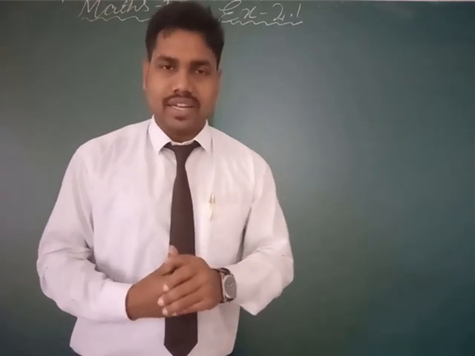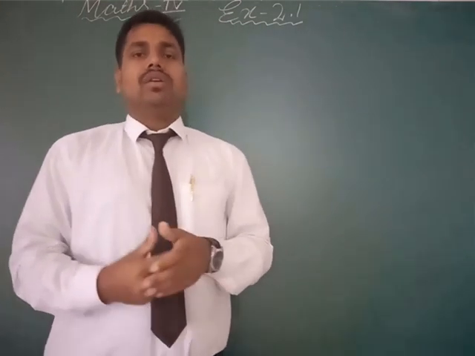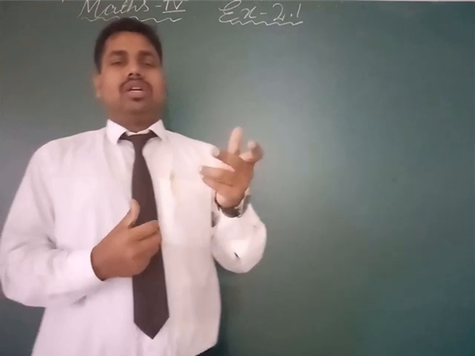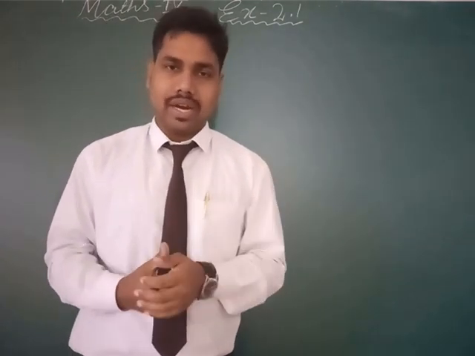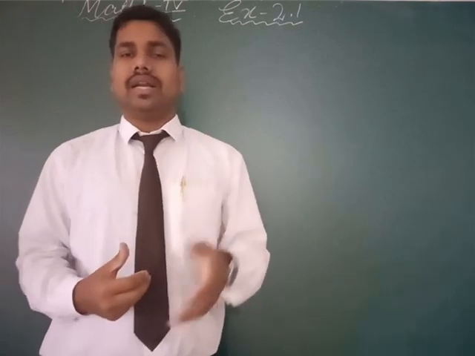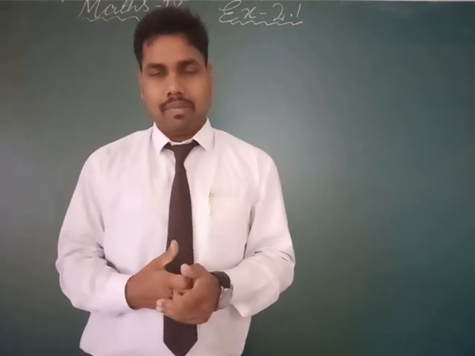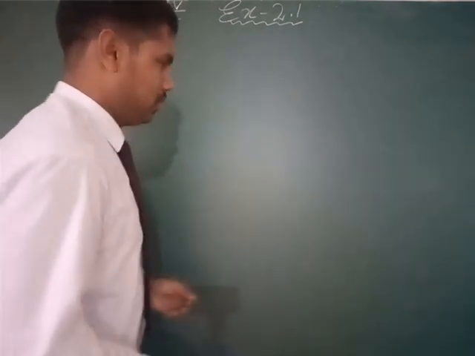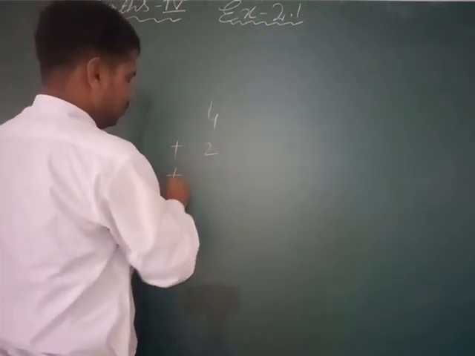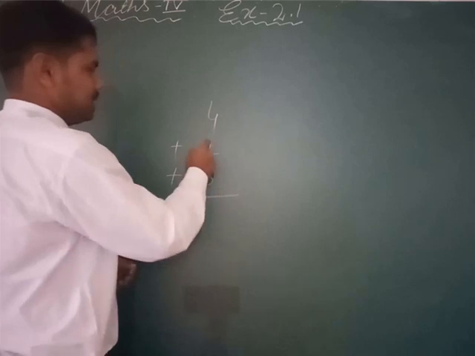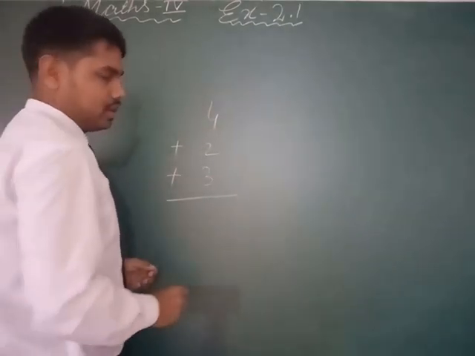In case of addition, there are especially two terms: the numbers which you are adding, and the result you get after adding. For example, you are adding 4 plus 2 plus 3. What is the result? 6 plus 3, 9.